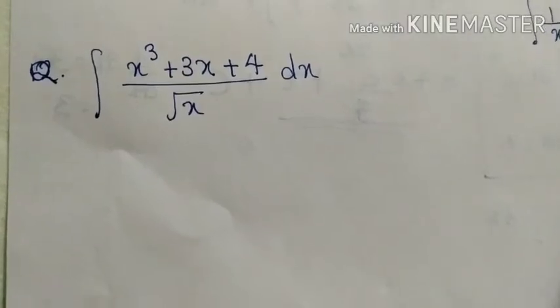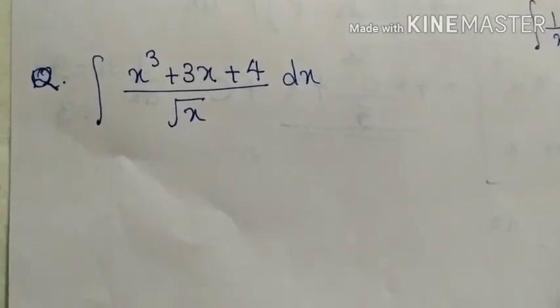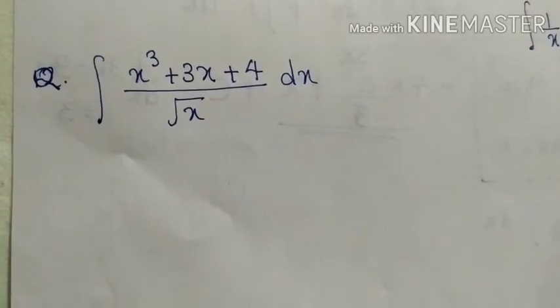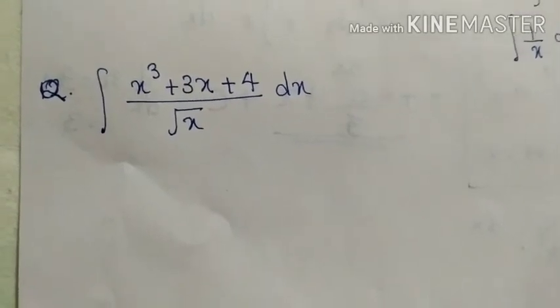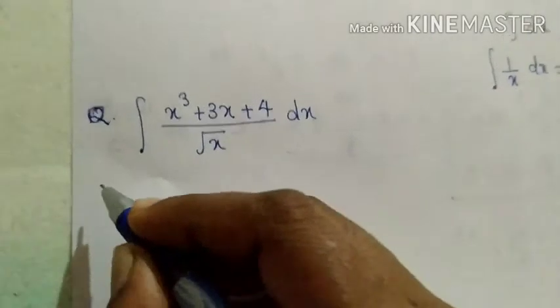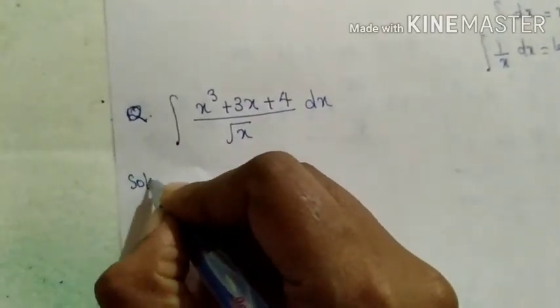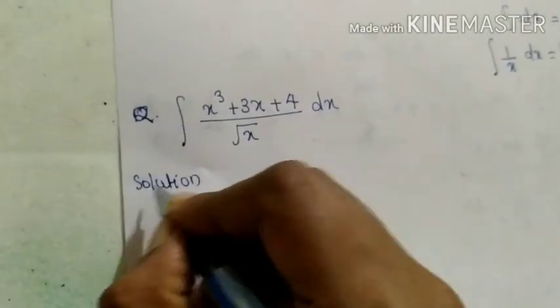In this question, we need to find the integral of (x³ + 3x + 4) divided by √x dx. So, let's start the solution of this question.